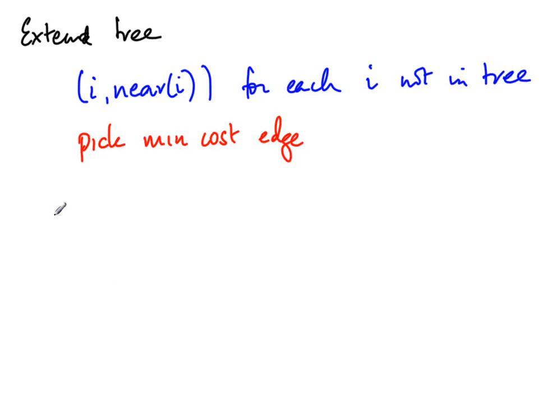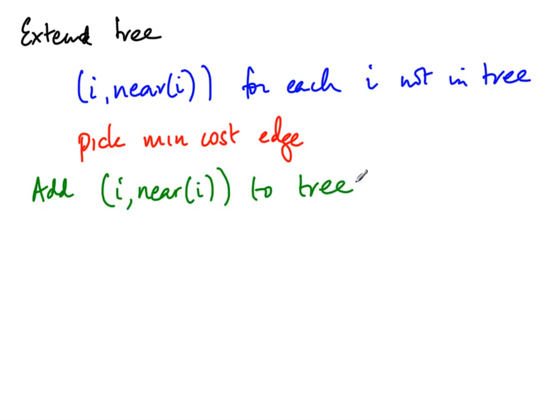And having picked this, now we will add the specific edge that we picked, which is I, near of I, to the tree. So now I belongs to the tree, so we update its near value. So we set near of I is equal to 0 to indicate now that I belongs to the tree.